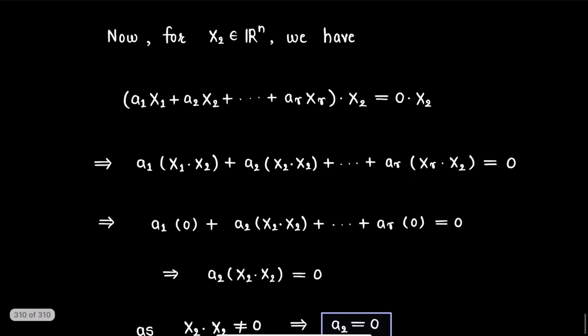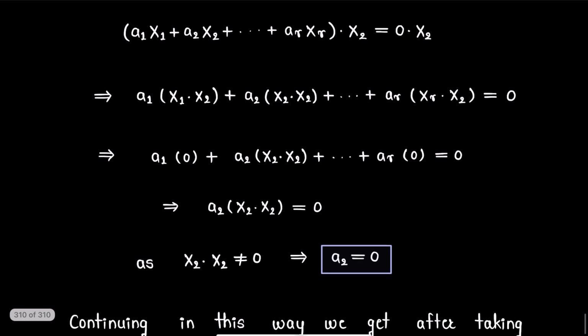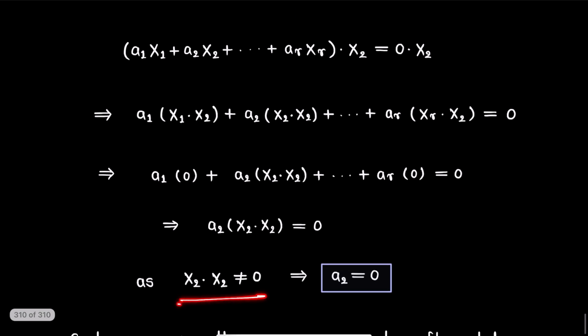Now again using given conditions, x1 dot x2 will be 0 as 1 is not equal to 2. Similarly, xr dot x2 will be 0 as r is not equal to 2. So we will get a2 x2 dot x2 is equal to 0. Now x2 dot x2 will not be equal to 0 as 2 is equal to 2. So we must have a2 equals to 0.